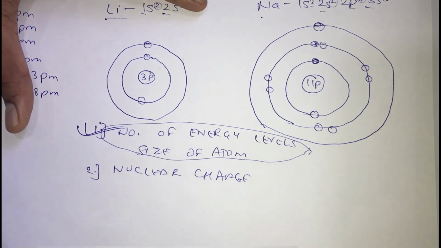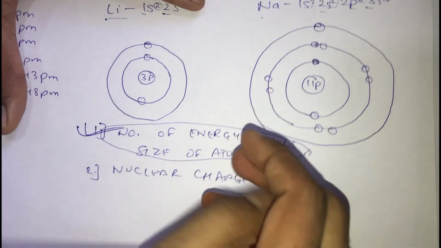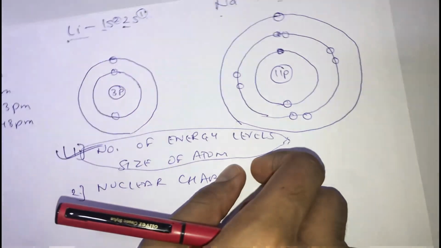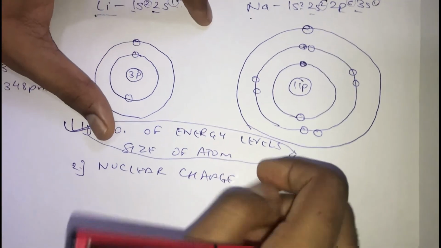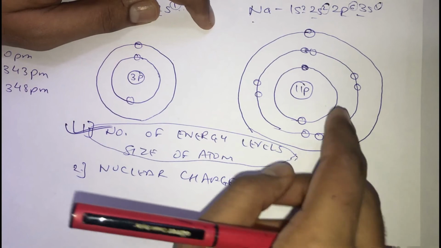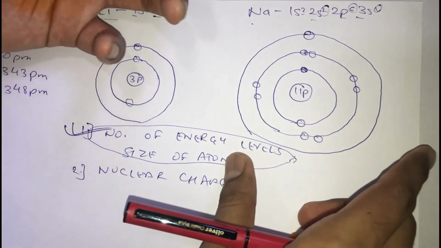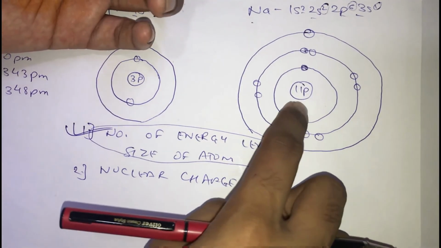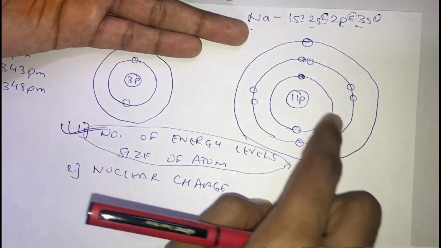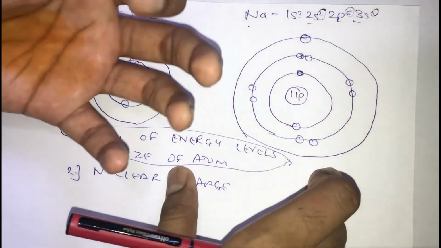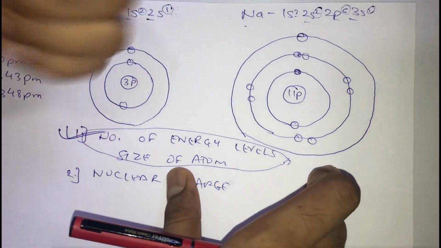Yes, nuclear charge over here will try to pull the electrons closer towards itself, no doubt about that. But guys, if the energy level is greater, then it is obvious that the atomic size will be greater, and how much it is going to pull, how much these 11 protons are going to pull so many electrons over here. Yes, it will surely pull them closer, but it won't dominate the first factor, that is the number of energy levels.